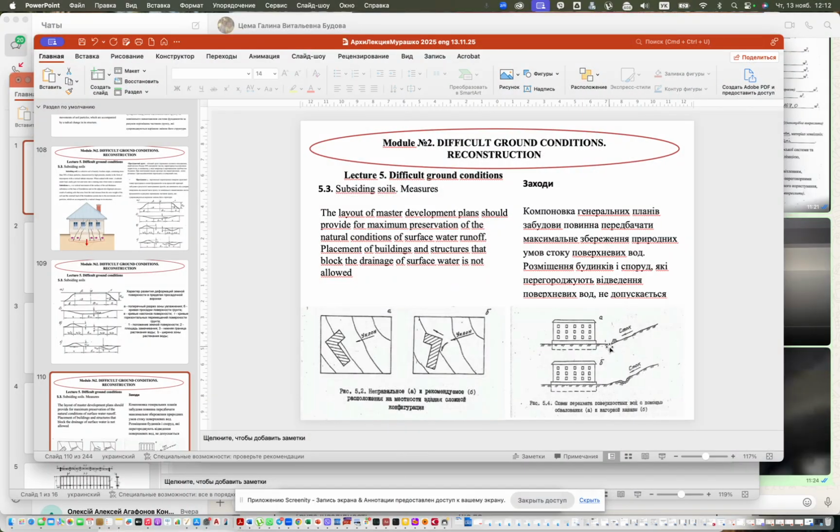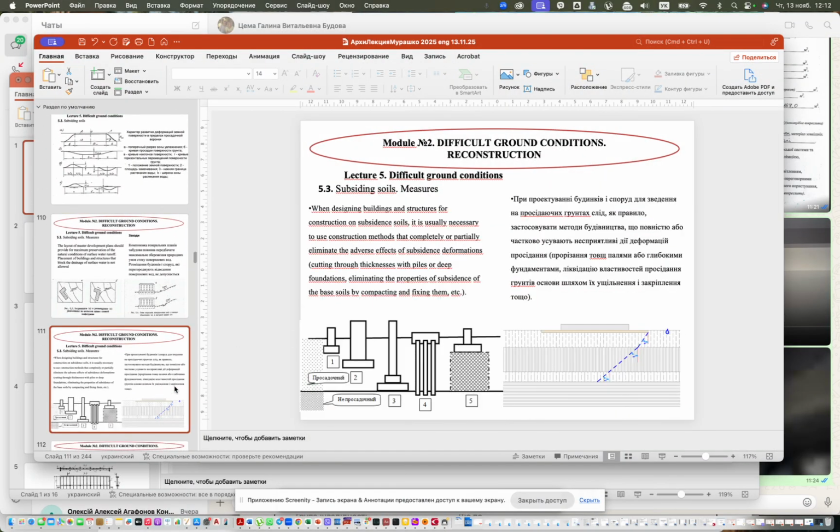Also, we can locate additional elements which can protect our building from collection of water in this corner. Or we can make a ditch at the incline, so it will collect the water, and this ditch will protect our building from collection of the water over here. So the water will be collected here and go along our building.